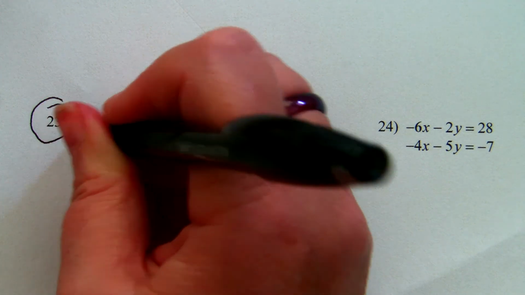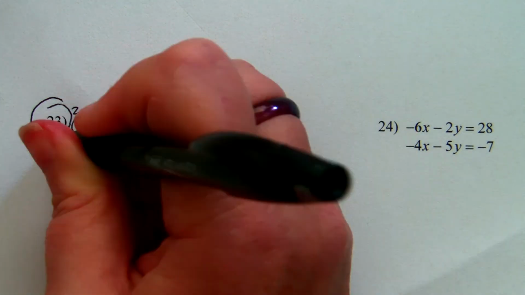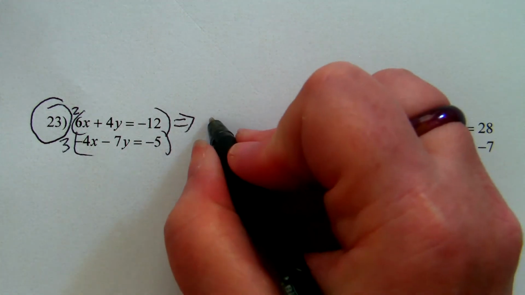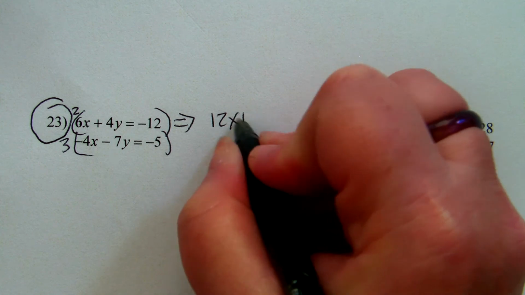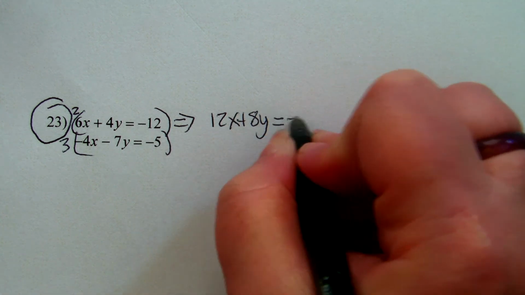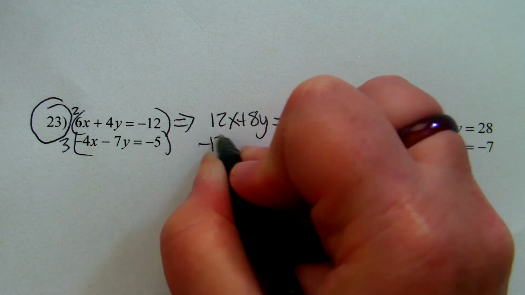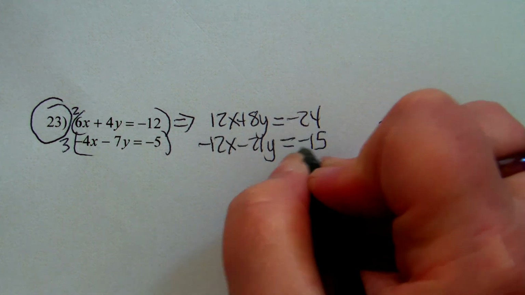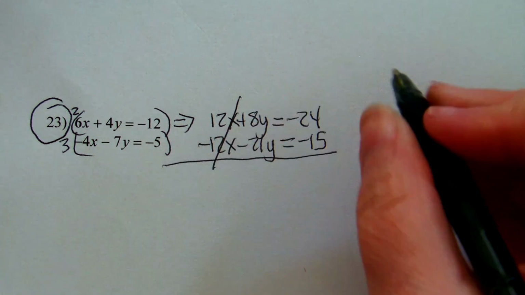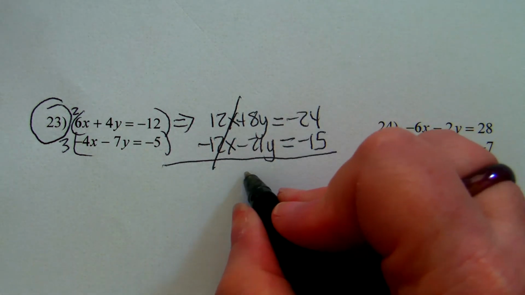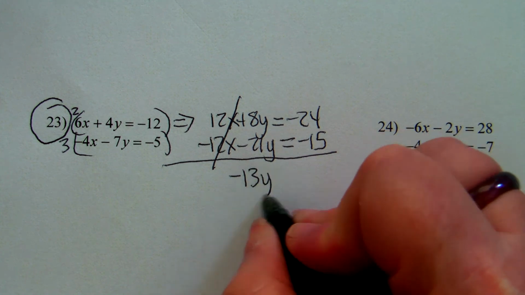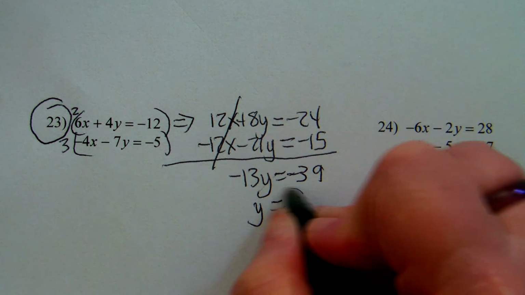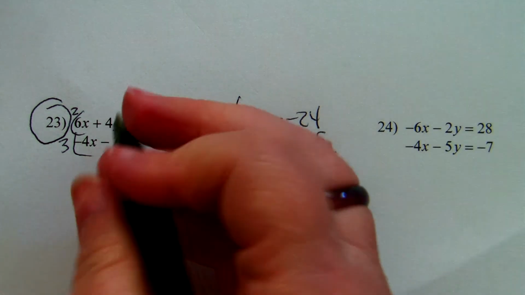So if I multiply the top equation by 2 and the bottom equation by 3, we'll have 12x plus 8y equals negative 24. Negative 12x minus 21y equals negative 15. Those cancel. It's elimination. Negative 13y equals negative 39. y equals 3.